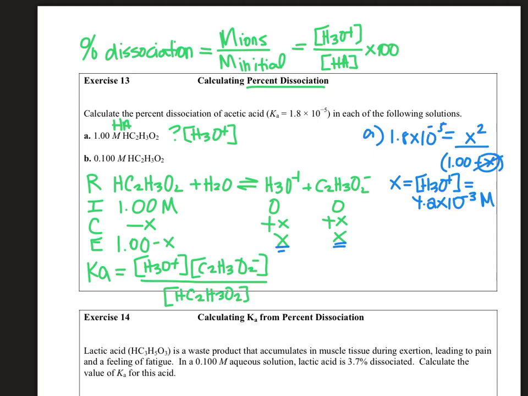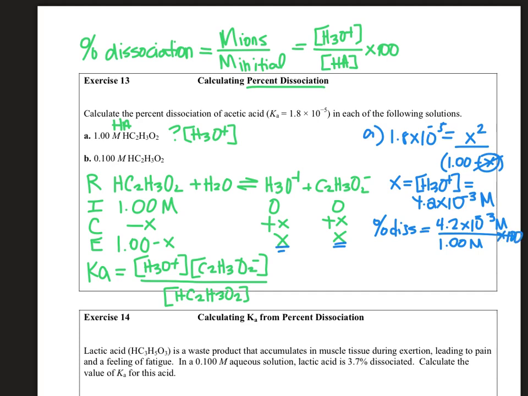So then to find my percent dissociation, we're basically finding the part out of the whole. We take 4.2 times 10 to the negative 3 molar, which is my part of hydrogen ions, divided by my initial amount, which is 1 molar of the acid, and then multiply by 100 to make the numbers nicer.